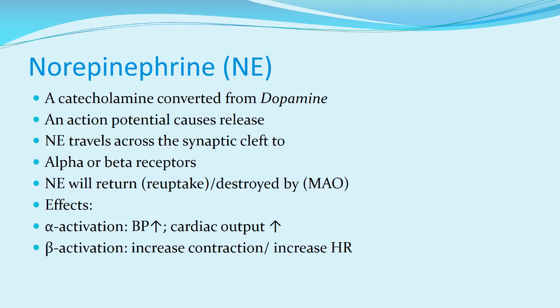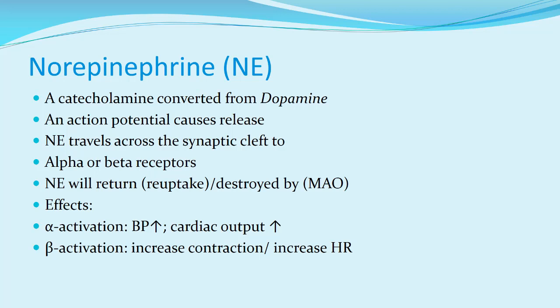and talk about norepinephrine. Norepinephrine is a catecholamine that's converted from dopamine. An action potential is going to cause its release. The norepinephrine travels across the synaptic cleft to either an alpha or beta receptors, or both.